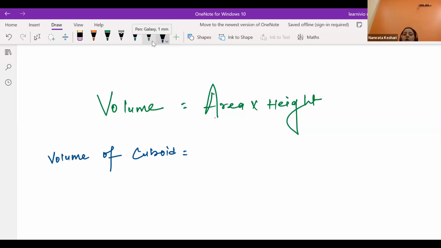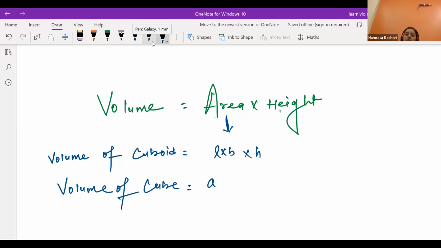A cuboid is made up of rectangles, so the area of a rectangle, length into breadth, times height. This is the formula for the volume of the cuboid, right? Yes, ma'am. Similarly, for a cube, length, breadth and height are all the same, so it is side cubed.